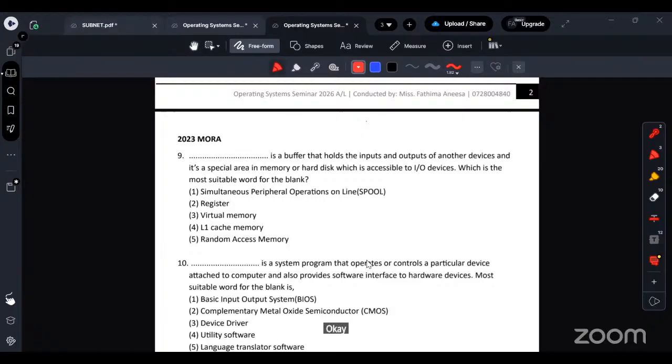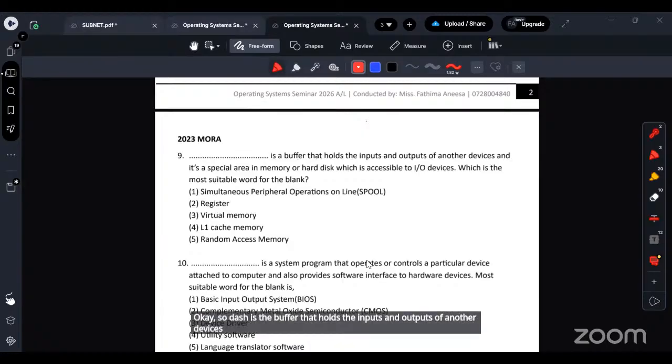Okay. So dash is the buffer that holds the inputs and outputs of other devices, and it is a special area in memory or hard disk which is accessible to input or output devices. Which is the most suitable word for the blank?